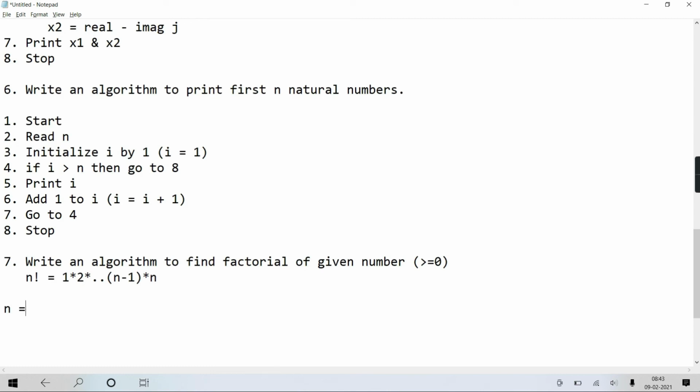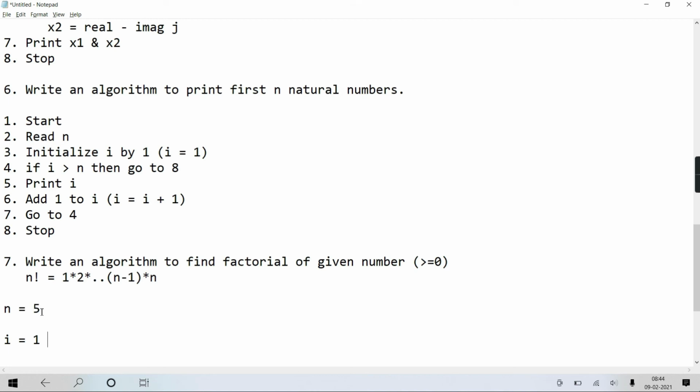Now here what we'll do? N, obviously we are going to accept from the user, right? Then we will take one variable I, which will keep count of whether this multiplication is done n times or not.